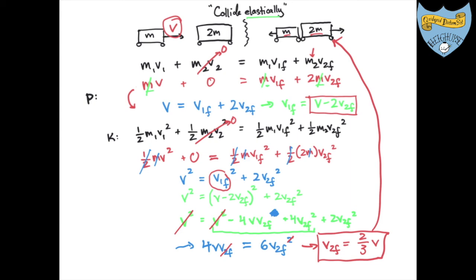was. Well, if you want to know the final velocity of the other cart, all you actually need to do is take your answer here and plug it into really either of the two equations that you had from above.